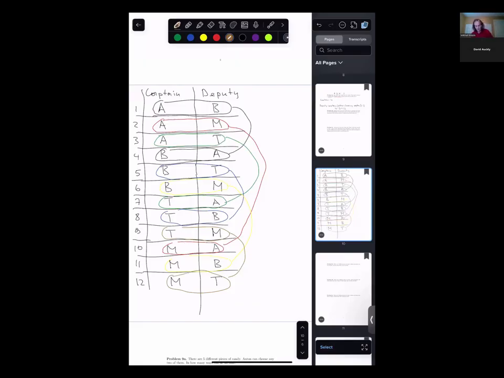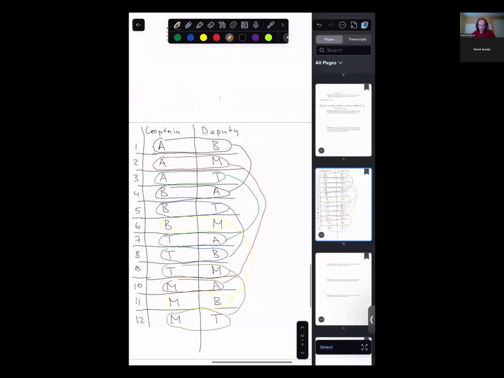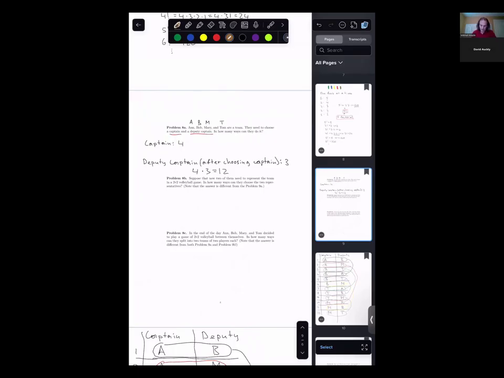So they all come in pairs. Because of that, what we can say is that we need to choose the first person first. Then there are four choices for the first person. Then we have three choices for the second.